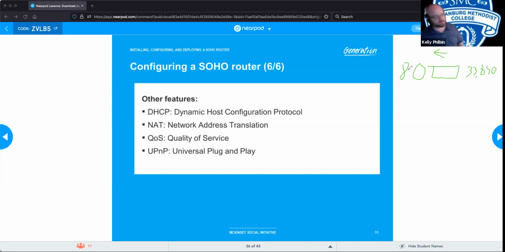So when that web server responds and they send the packet back, they're going to be sending it to port 33,850 from port 80. And then when it hits the external router, the router is going to see 33,850. That's Avery, because that was the one he sent it out on, and go ahead and direct that traffic to him.